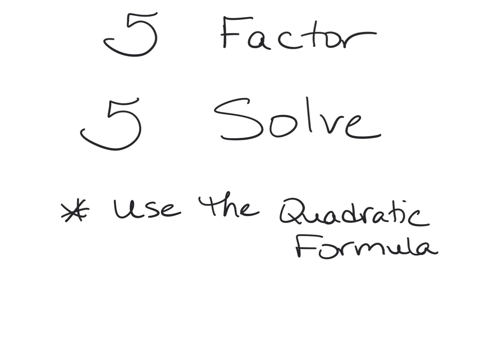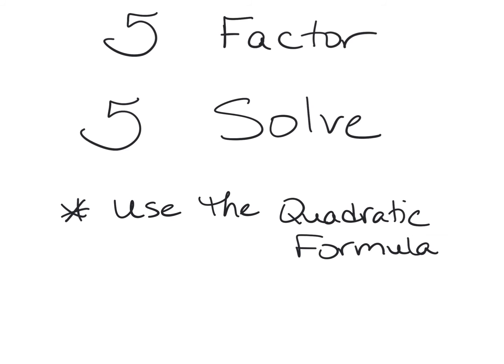However, sometimes when it's something that you could use the square root method, that would be faster. And honestly, factoring is faster than the quadratic formula. Once you do enough practice of factoring, that'll become second nature, and you'll be able to do that a lot faster than using the quadratic formula.